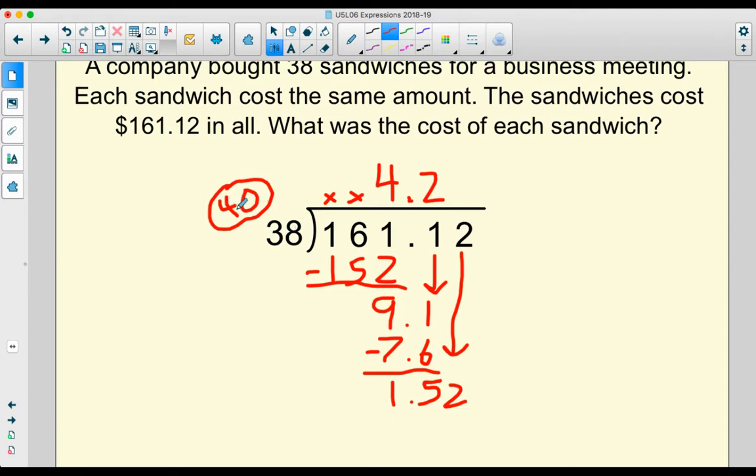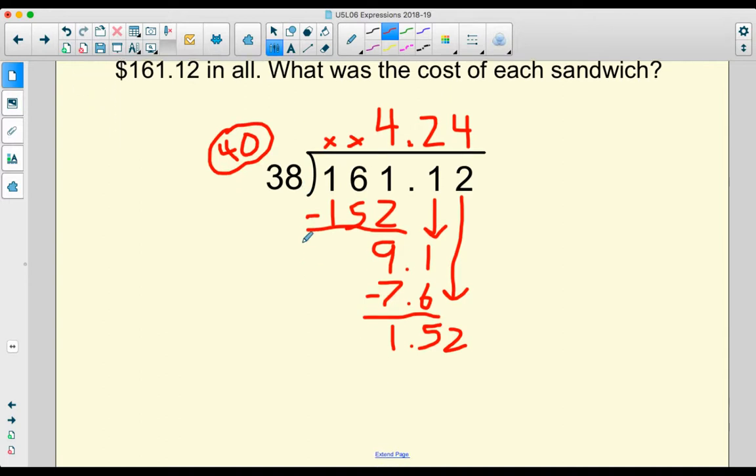When I look at my 40, I say, how many 4s go in 1? None. How many 4s go in 15? Would be 3. But then I noticed right here, 4 multiplied by 38 was 152. So 4 hundredths multiplied by 38 would be 152 hundredths. Hard making that 2. And when I subtract, I have 0, so I'm done.